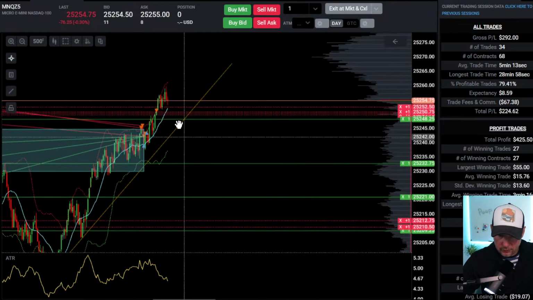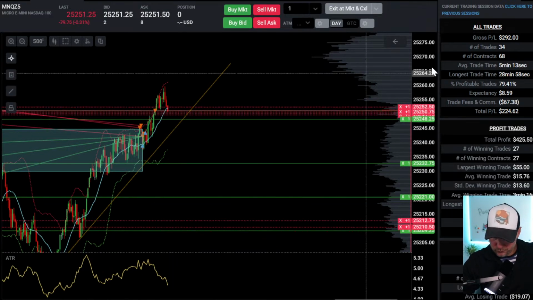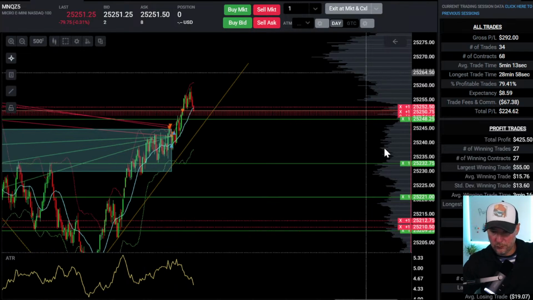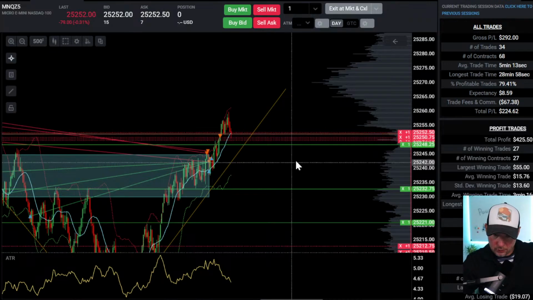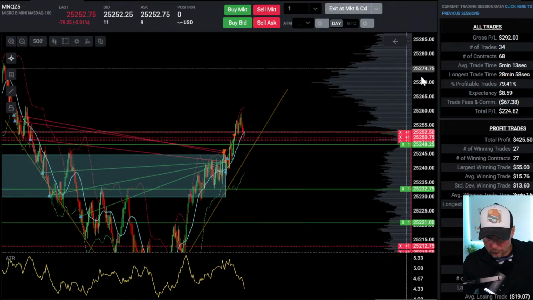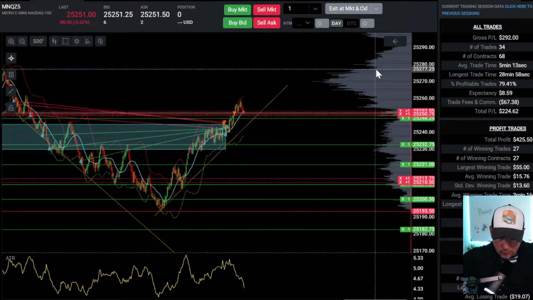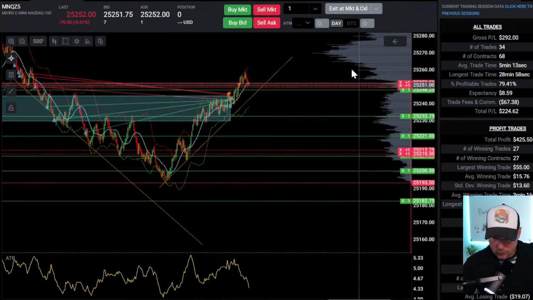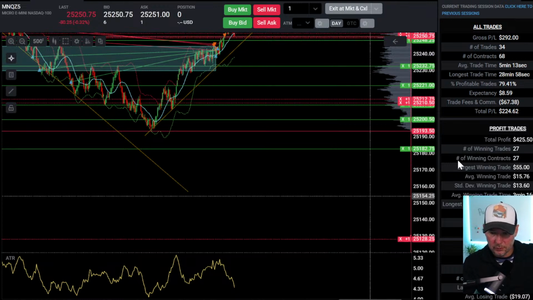This is sort of a level right here, we have this trend line. I'll be happy with this kind of a trade if we just continue. I don't mind it to sell off again, the Nasdaq that is.